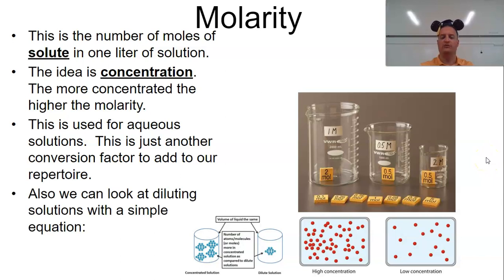We can also look at diluting samples with a simple equation: M1V1 equals M2V2, the molarity and the volume of the first part, and the molarity and volume of the second part. Now, you can go 2 different ways with this, although it's often thought of as diluting. So you go from something more concentrated, you add water, and you have a lower molarity but higher volume left over.